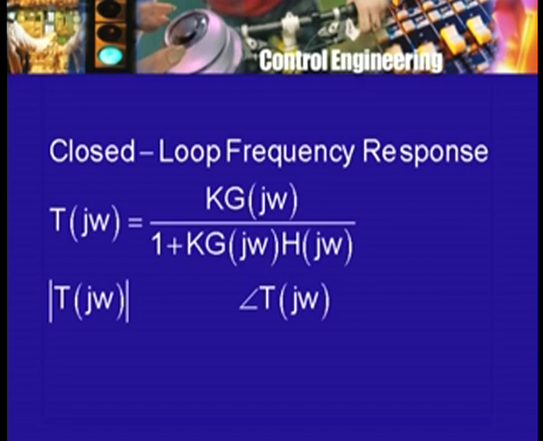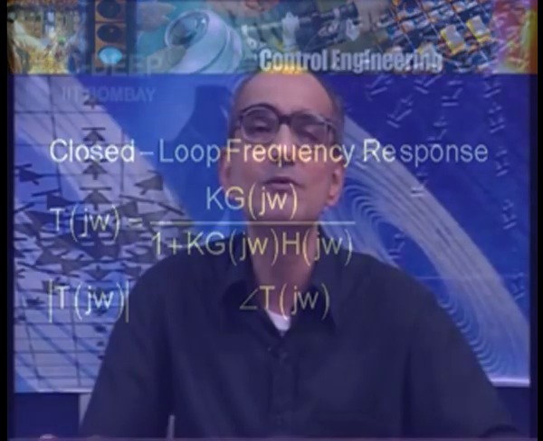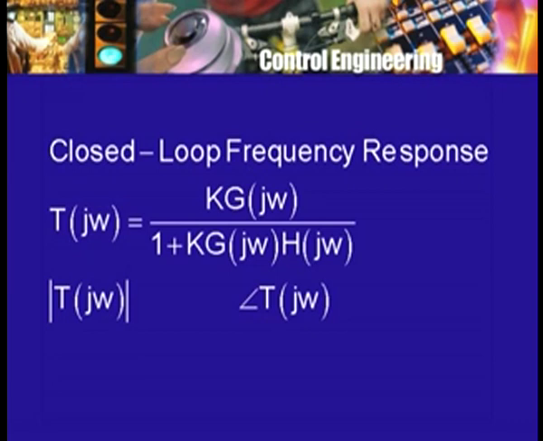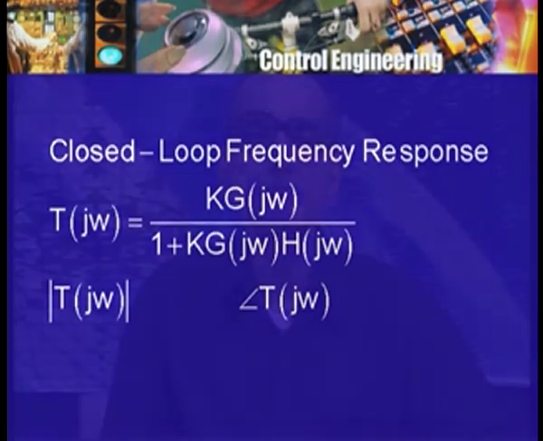This is a simple calculation. Of course, G is itself a ratio of two polynomials. Similarly, H may be a ratio of two polynomials. So, this will involve some complex arithmetic, and then one can find T(j omega) as a complex number, and then look at its absolute value to get the overall gain, and look at its argument to get the overall phase shift.